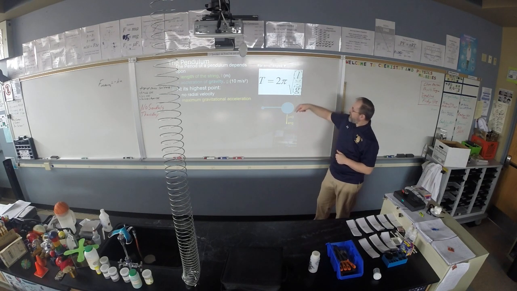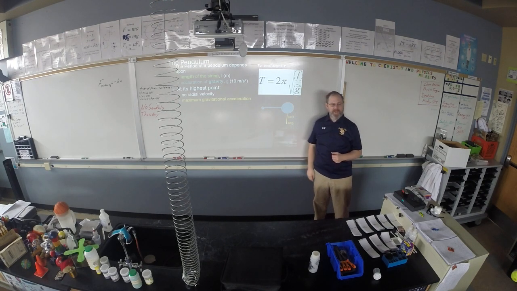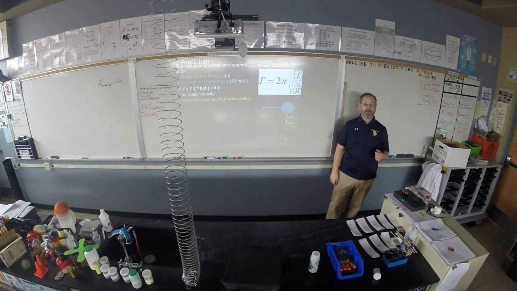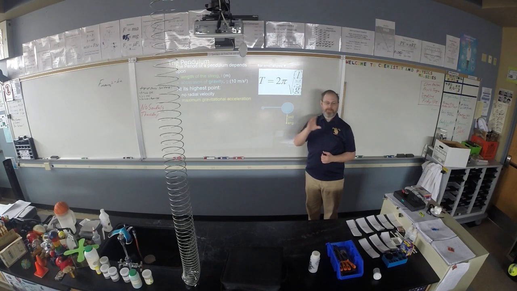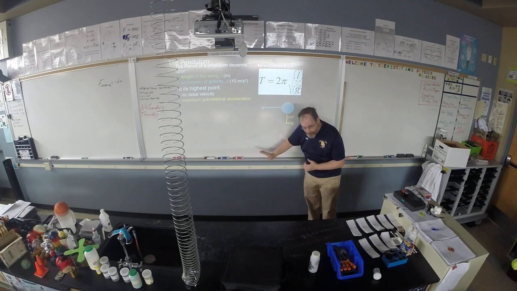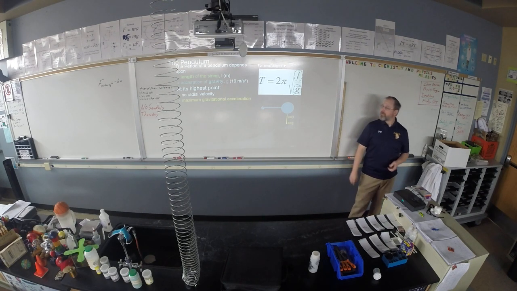So as a and v are in the same direction, the v is getting larger, larger, larger. What's happening to a as it falls towards the equilibrium point? It's getting smaller because this angle is getting smaller, so the sine of that angle is getting smaller until the angle at the equilibrium point is 0, and the sine of 0 is 0.